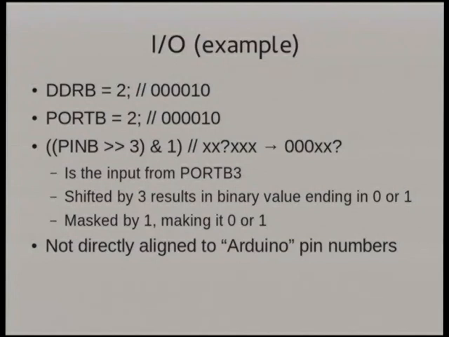So that's reading the 0, 1, 2, 3, so the 4th pin that's in the PINB group. And the AND one is just a bitwise AND to strip out any extra junk that happens to be there. The pin numbers and ports and things like that are not aligned to Arduino pins. In comparison, the Arduino pins can be basically any way, because there's an abstraction layer in the software in the library.